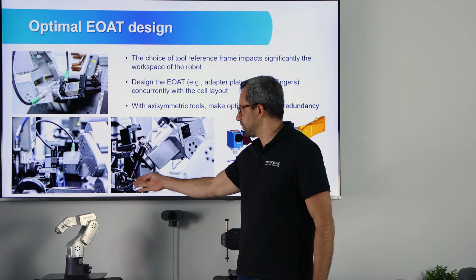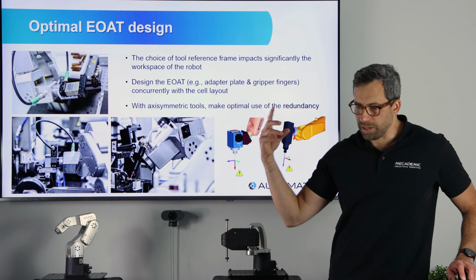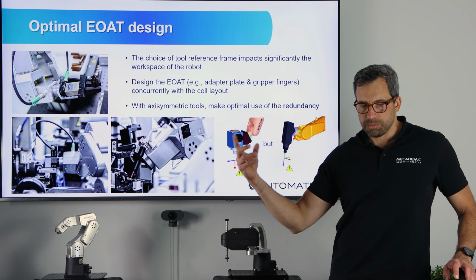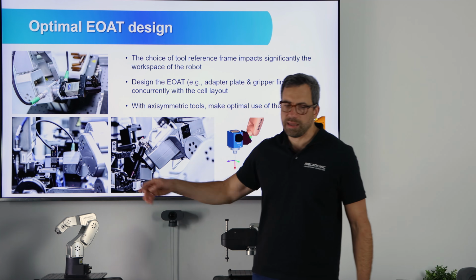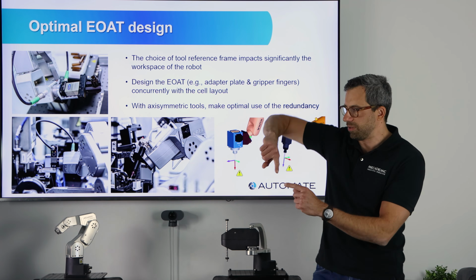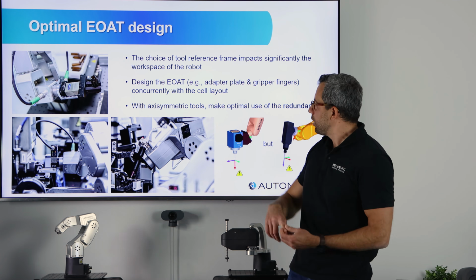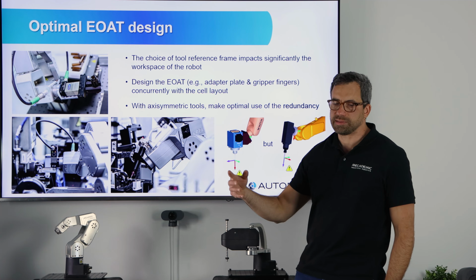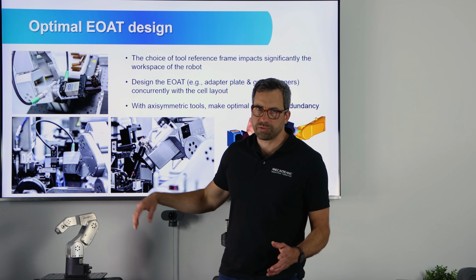Also, in the case of axisymmetric tools like gluing or welding or machining, you have this redundancy. Use it wisely, because using this redundancy, which is the orientation about the axis of symmetry of the tool, you can avoid singularities. I've heard many times, oh, the best angle is 45 degrees or 30 degrees.